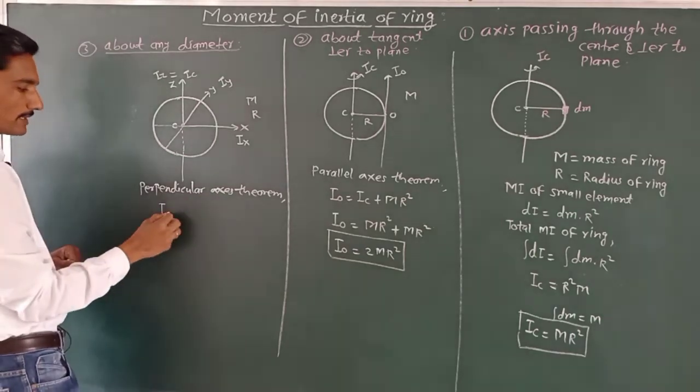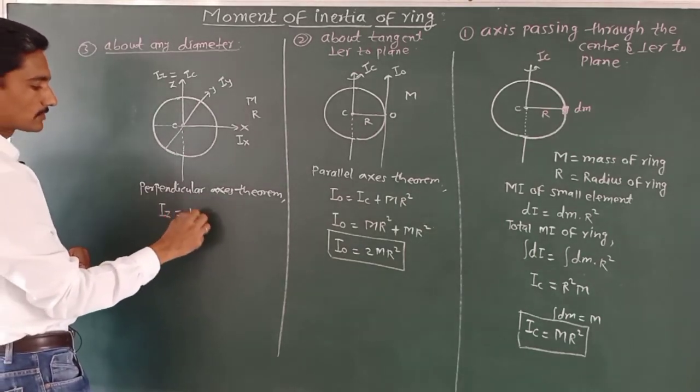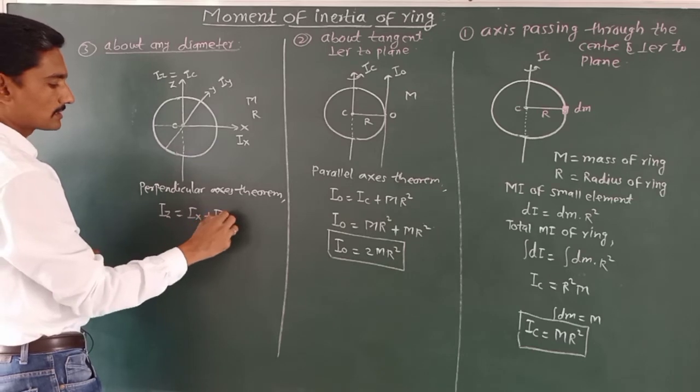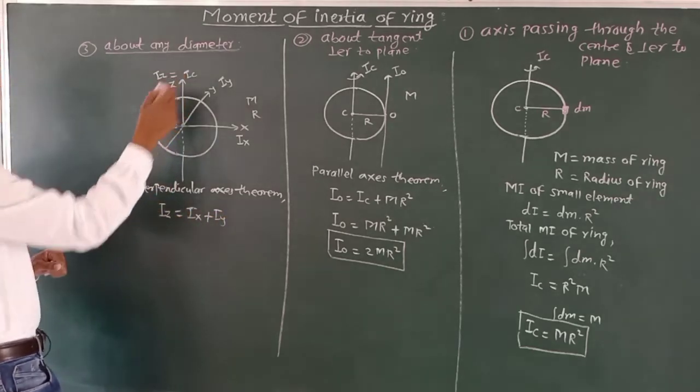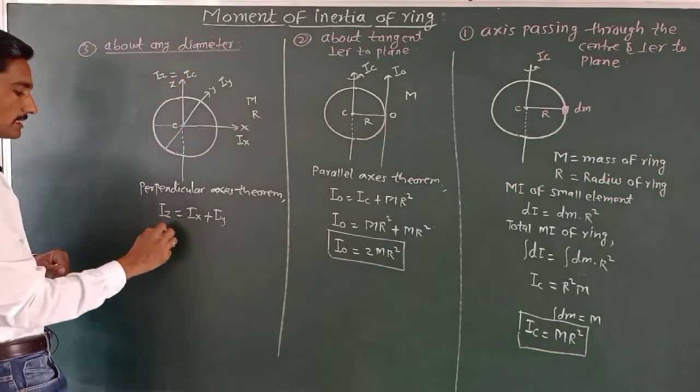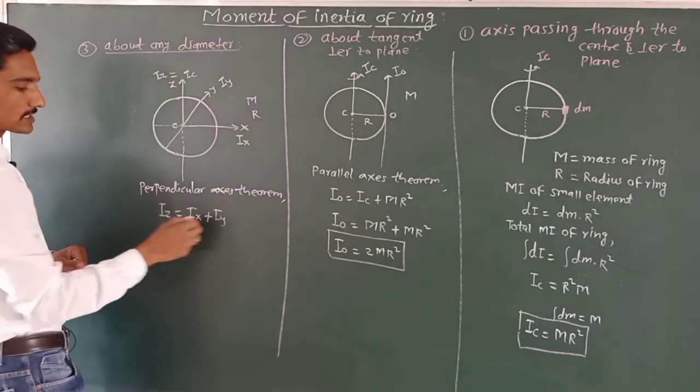So according to the perpendicular axis theorem, Iz equals Ix plus Iy, and this Iz is equal to IC, so you can write IC equals Ix plus Iy.